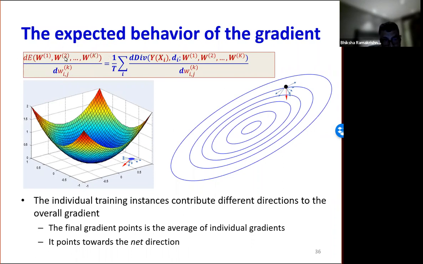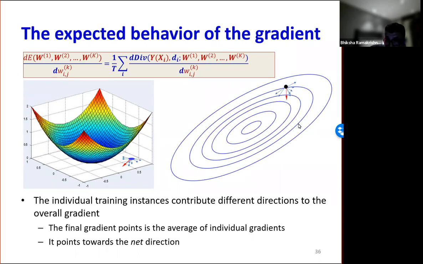You're computing the derivative of your loss with respect to your parameter, which is the average of the derivatives of the divergences of the network for all the training instances with respect to the parameter. So basically, the gradient that you compute is the average of the gradients of the divergences for the individual training instances. And so each training instance is going to have a different error, right?